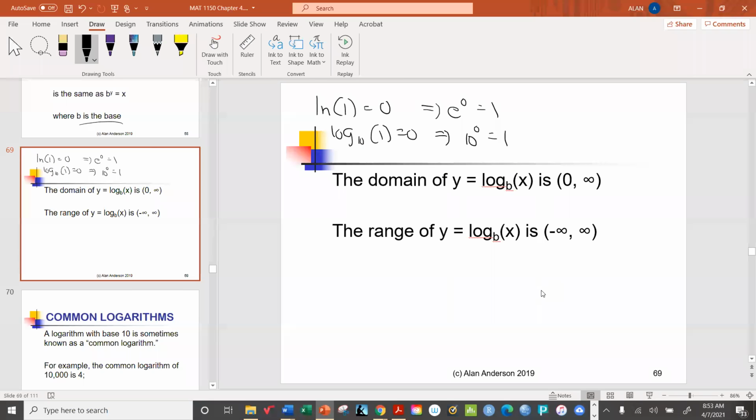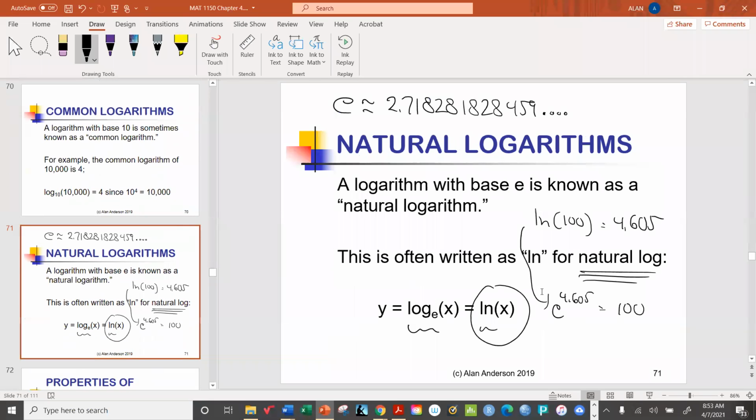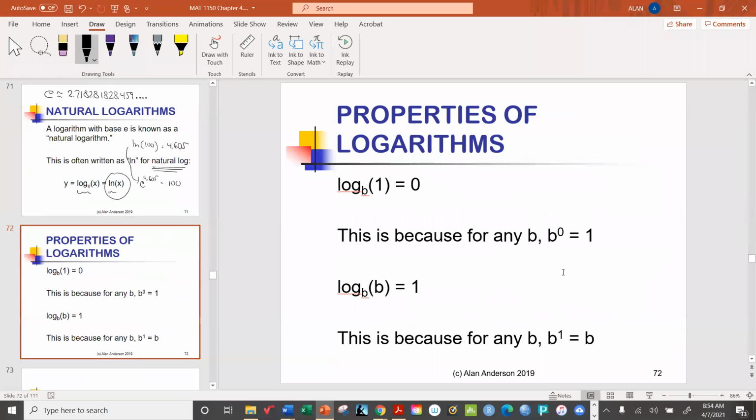All right, so let's get back to this. So we know what common logs are. We know what natural logs are. Now the properties. This is what we were just discussing. The log of 1, no matter what the base is, is just 0, because any number raised to the 0 power will give us back 1. In general, of course, x to the 0 power just equals 1.